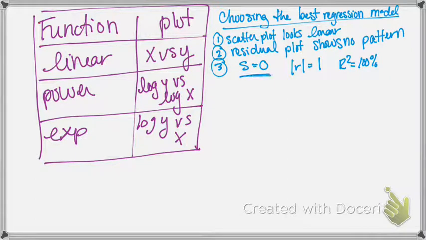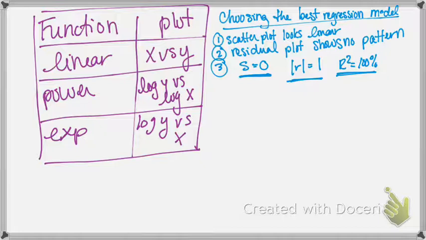And you'd want your standard deviation of the residuals to be as close as possible to 0. You want your R value to be as close as possible to either +1 or -1. And you want your R squared value to be as close as possible to 100%. So that third one, you kind of go down the list, 1, 2, 3.